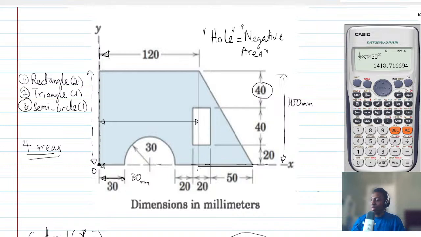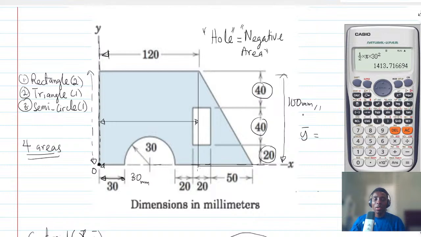I want to take my time and do it. So first of all, let's do the y bar for the triangle. If you look at this whole distance here, 40 plus 40 plus 20 will give you 100, right?